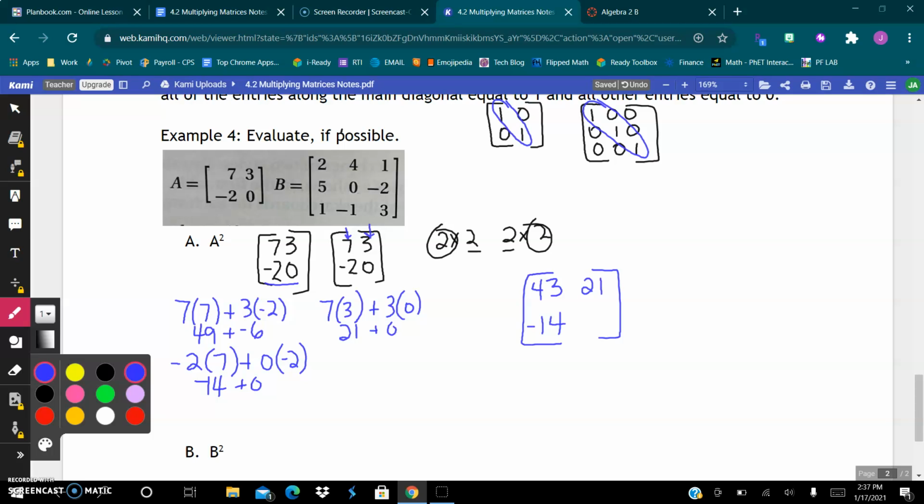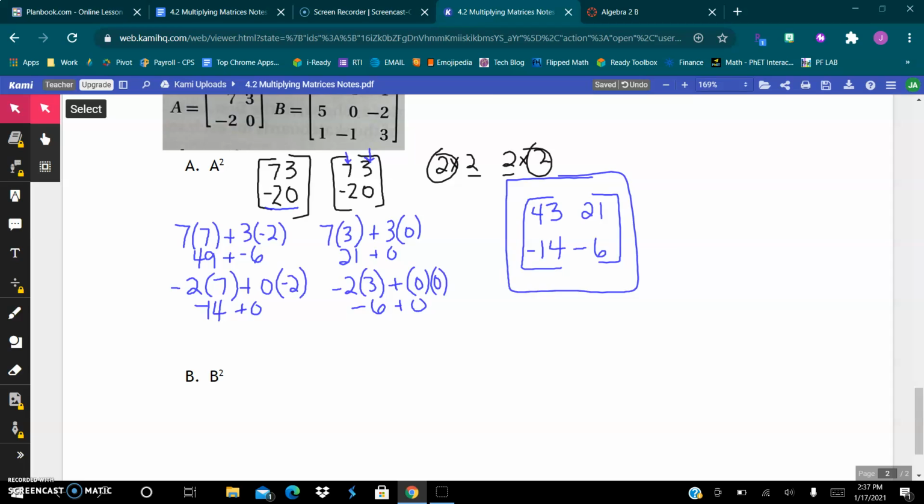And then we're going to do the last column. So -2 times 3, so the firsts. And then add the lasts, it would be 0 times 0. So it would be -6 plus 0, so our answer would be -6. So A squared would be equal to that matrix.